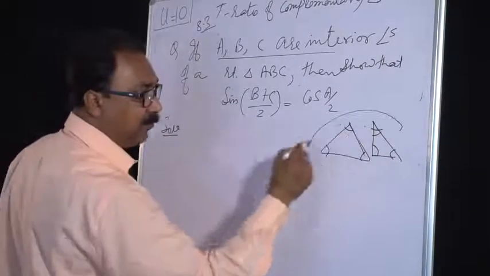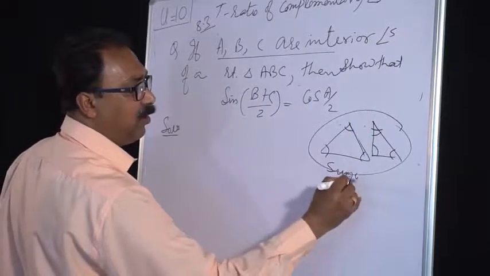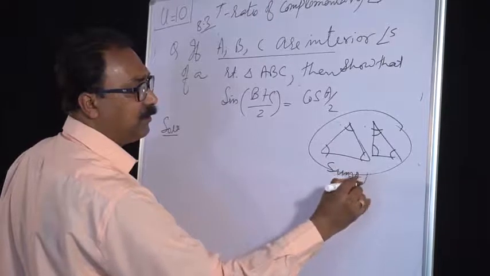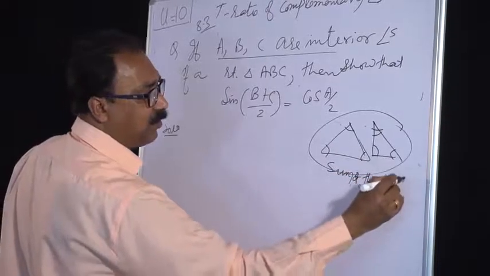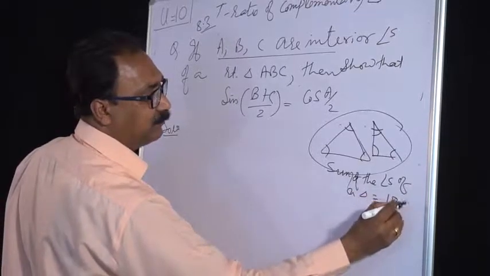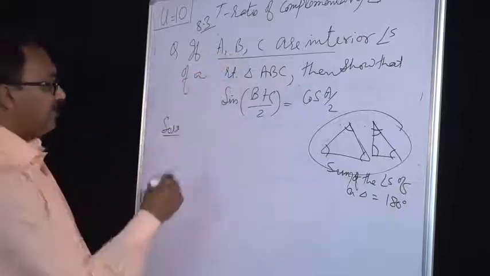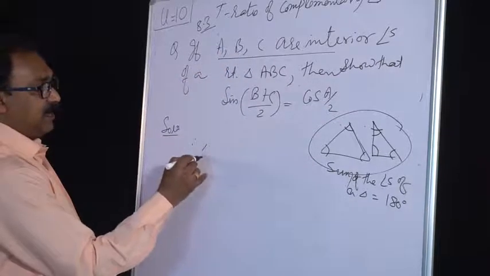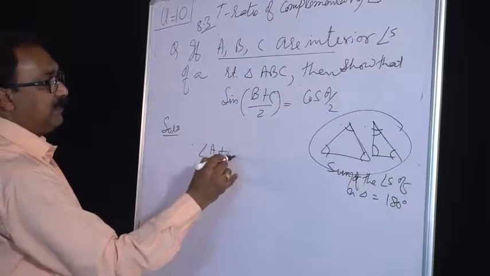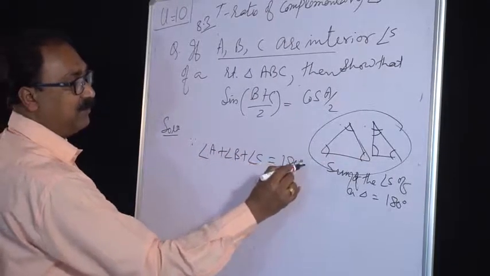This is the angle sum property: the sum of the angles of a triangle is 180 degrees. So angle A plus angle B plus angle C equals 180 degrees.